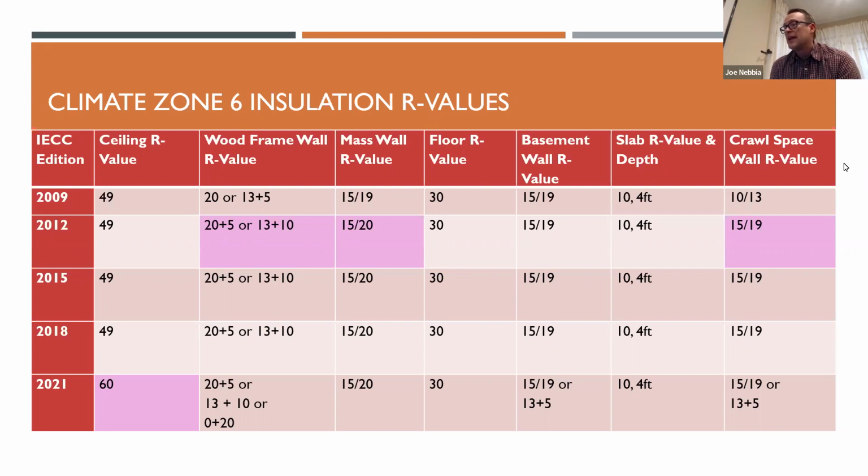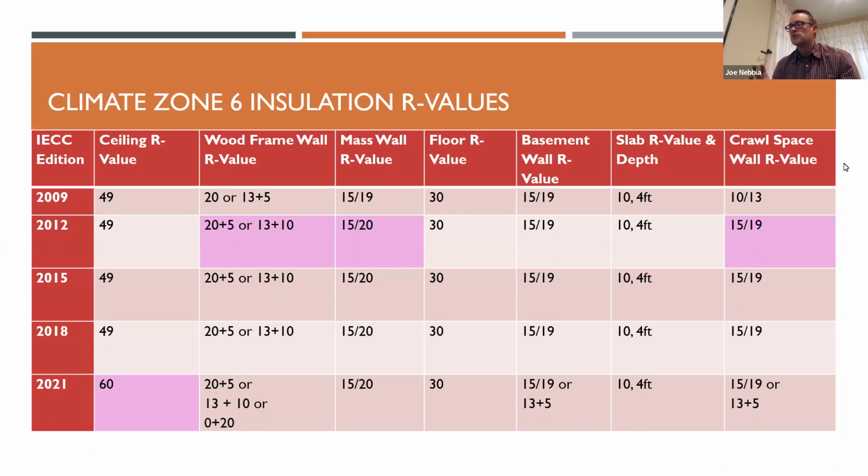If we look at the next column, wood framed wall R value, these values work a little bit differently. The ceiling R value just has one value there, but there are several options in the code in wood frame walls. So if we look at the 2021 row there, we have 20 plus 5, 13 plus 10, or 0 plus 20.